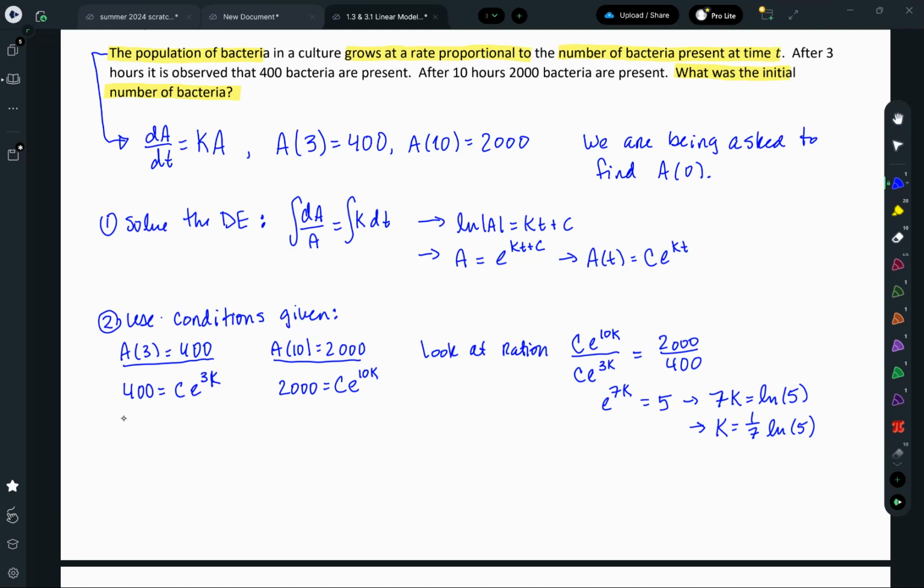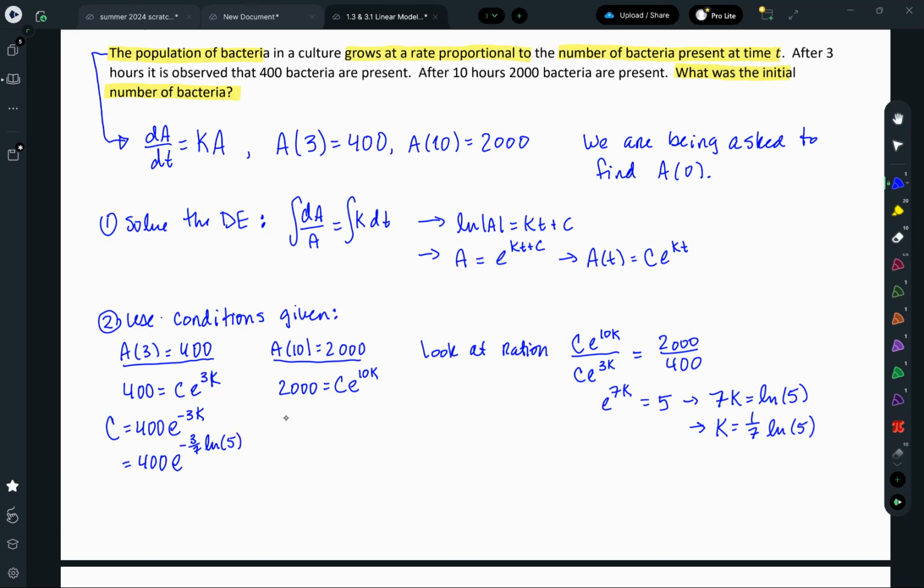In the first one, where 400 equals C e to the 3k, C would be equal to 400 times e to the minus 3k. And now I know k, so it's 400 e to the minus 3 over 7 times ln of 5.